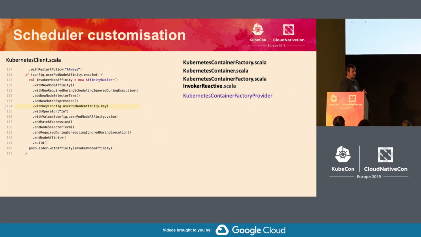Okay, of course, it is not working out of the box with OpenWhisk, because it doesn't have the possibility to specify the node where you want to start your function. And as I already mentioned, it's written in Scala.